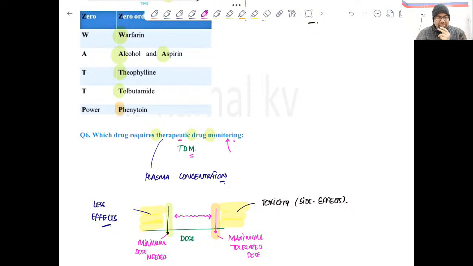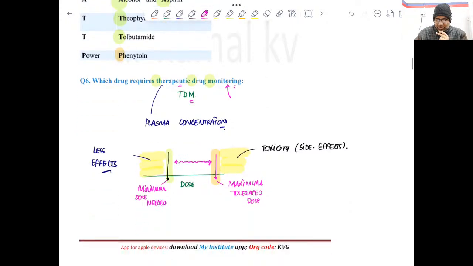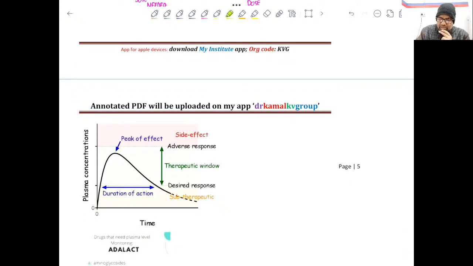There are many drugs which are very beneficial, but only if they are maintained in a particular plasma concentration. So here you can see this is the minimum dose which is needed, and this is the maximum dose which is tolerated.